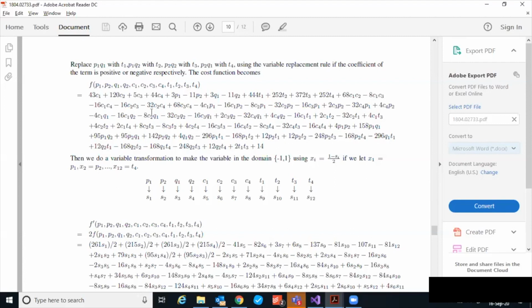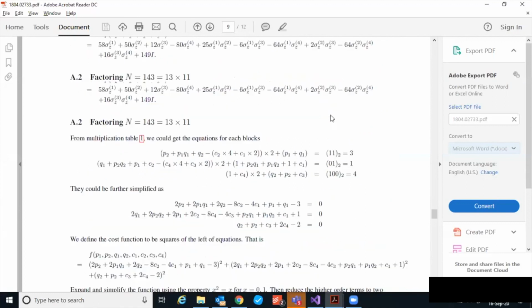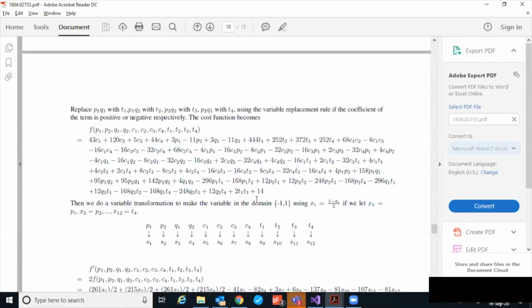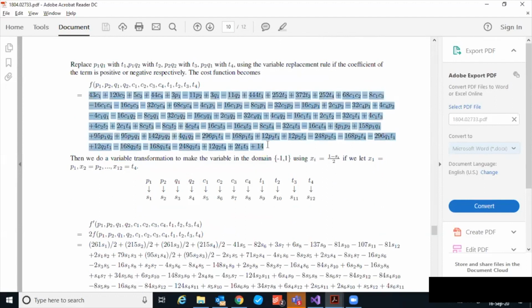So how to make this cost function, which is so big for just the problem of factoring 143, smaller with fewer variables, and how to optimize this so that our result comes faster. That's the aim basically.